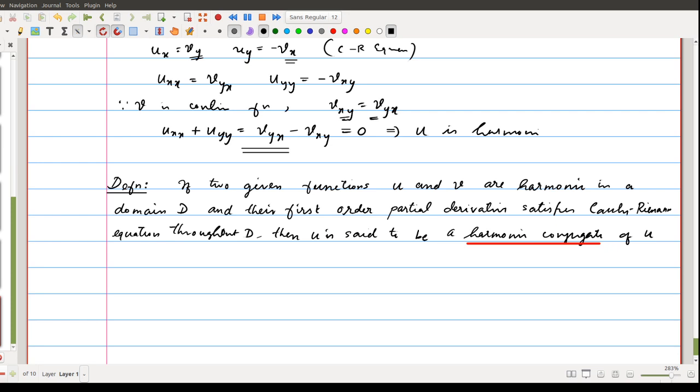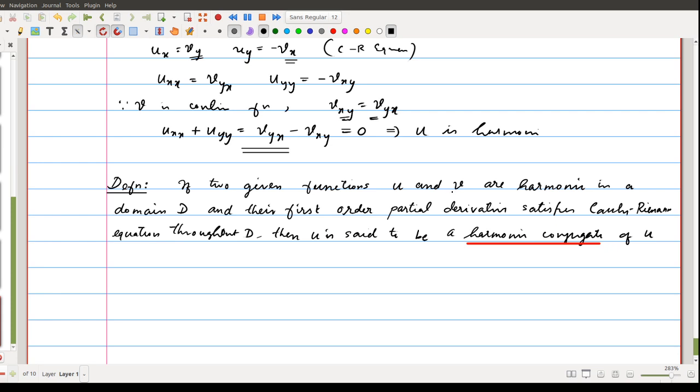In order to get the harmonic conjugate, we have this u and v, and they satisfy the equations, and we know that u and v are harmonic functions. As a consequence, all the partial derivatives of u and v are continuous, and u and v satisfy the equations.